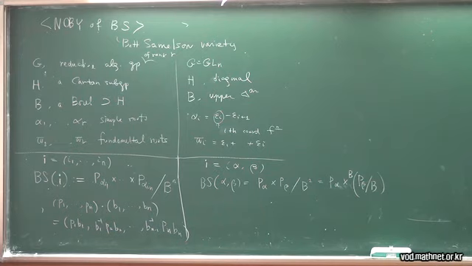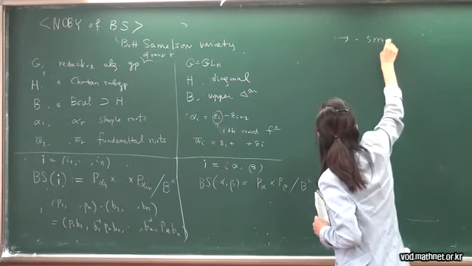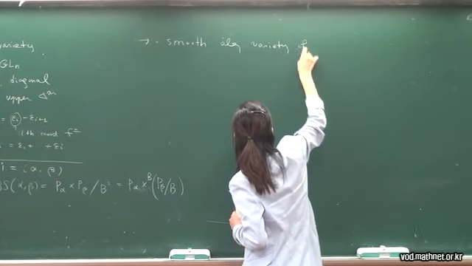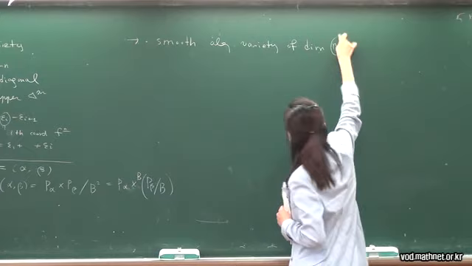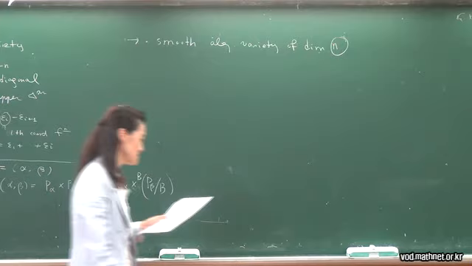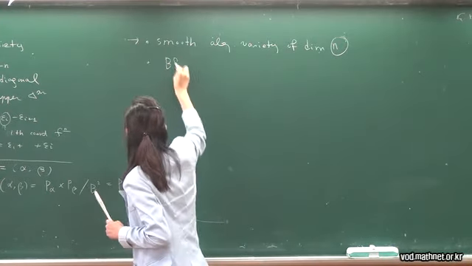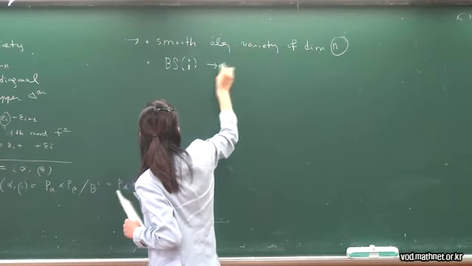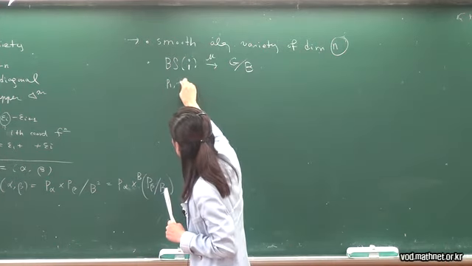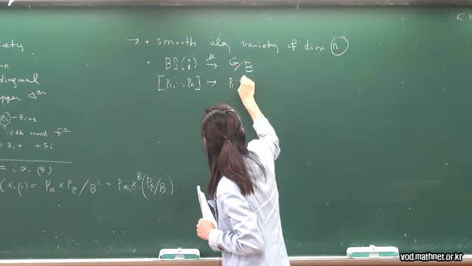So here are a few facts about Bott-Samelson variety. It is a smooth algebraic variety of dimension n. So n is the number of simple roots I chose, and there is a morphism from Bott-Samelson variety to this flag variety, namely, if I denote this one as equivalent using a representative, we just take the product of all of them.